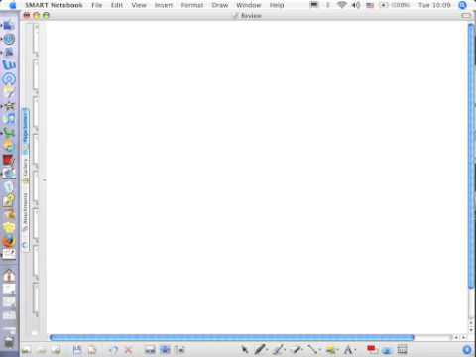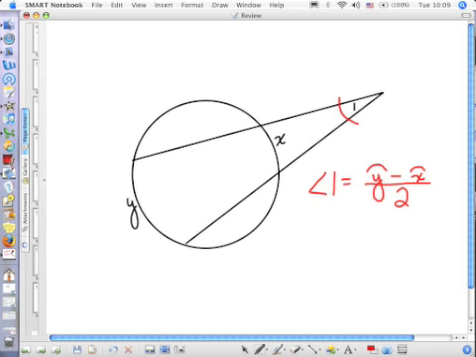Then we had stuff like, oh, I ran out of stuff. We had stuff like this. Oh, yeah, I'll go back. In a circle, equal chords have equal what? Y'all remember? Equal arcs. Okay?